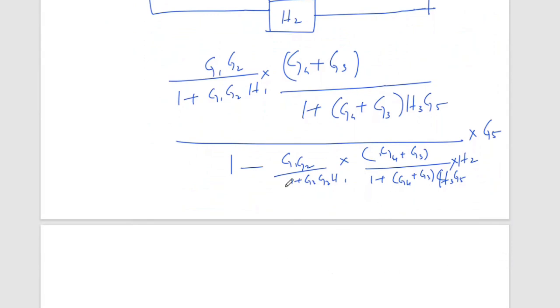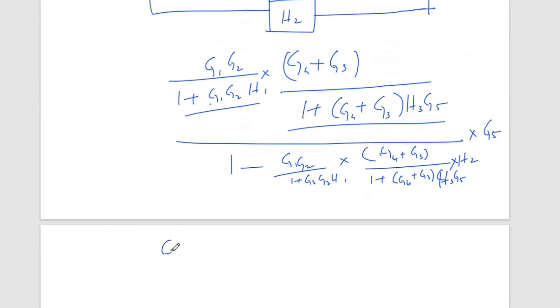You multiply by these two denominators, so that those two denominators will go here.